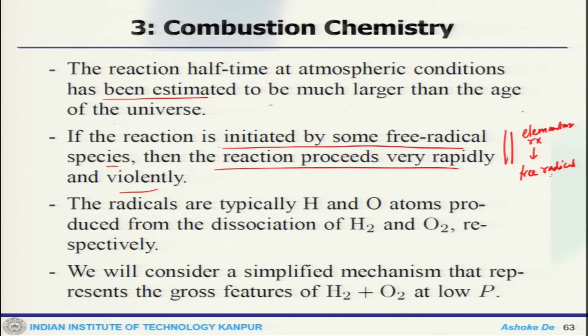So, that is where the elementary step reactions are important, where the free radicals form and allow the reaction to move further. In this particular hydrogen oxygen case, there could be H, O, OH forms. Now, we will consider a simplified mechanism that represents the hydrogen oxygen reaction at low pressure.